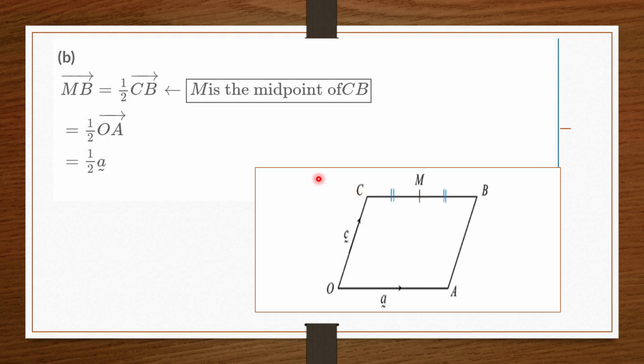So if OA is A, then CB is also A. Therefore MB equals 1 over 2 CB, which equals 1 over 2 OA, or equals 1 over 2 A.